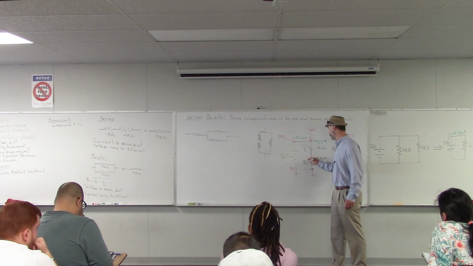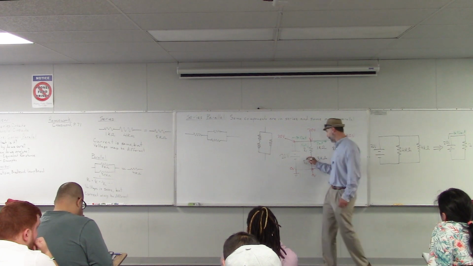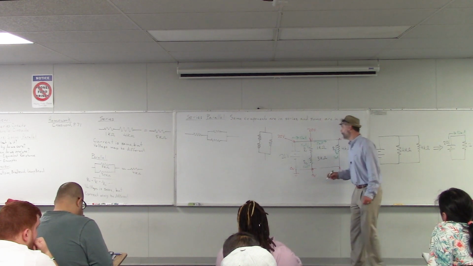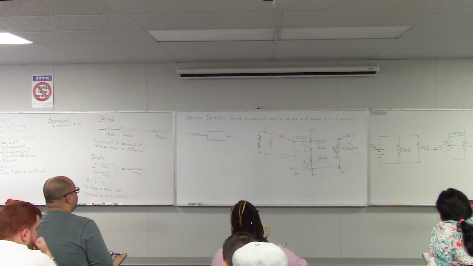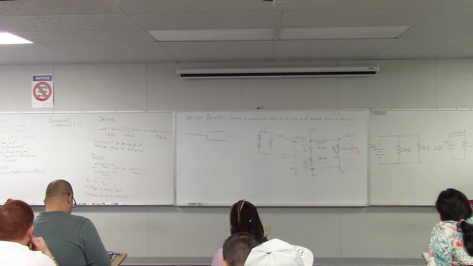And how much is flowing through R2? 5 milliamps, exactly, perfect, because they're in series. All right, excellent. So now we can write down the current for R1 and R2. So 5 milliamps for both of those. In this case, it turned out that the current was the same for all of the elements. That's not always true, but in this case, it was.